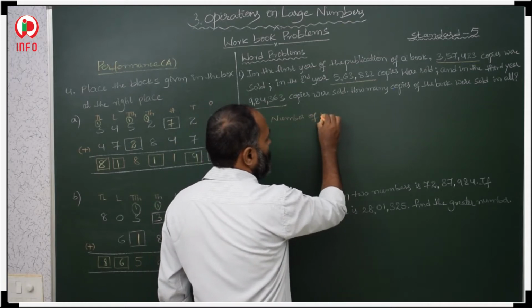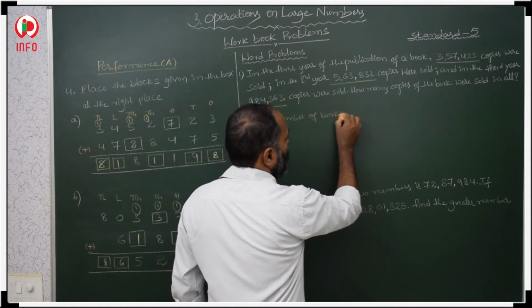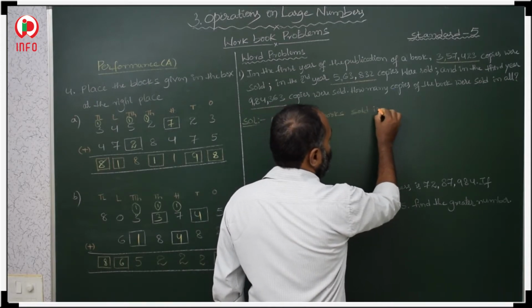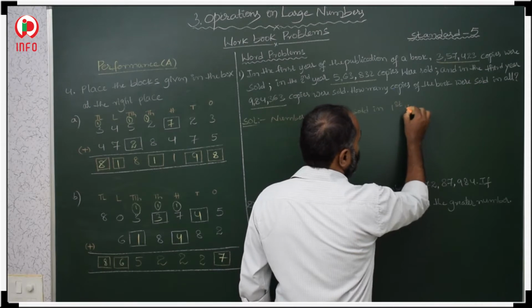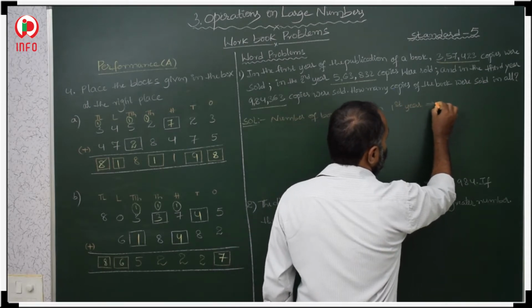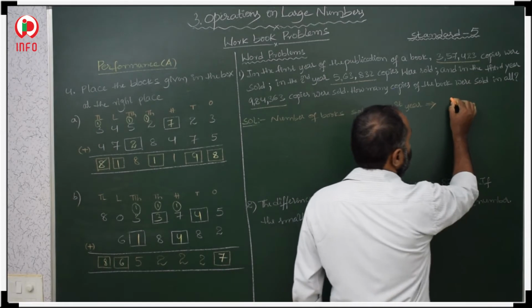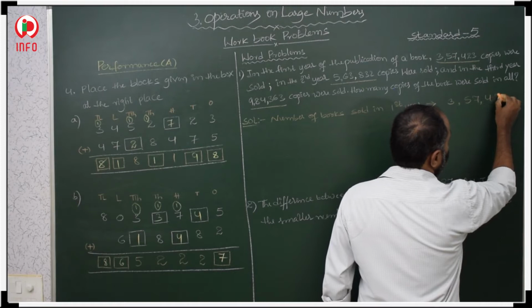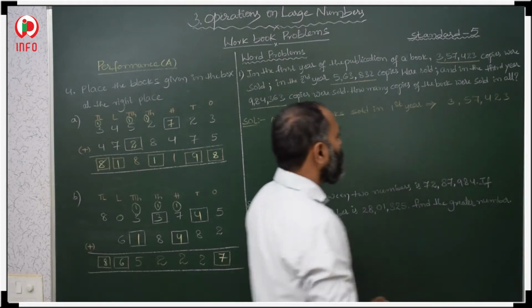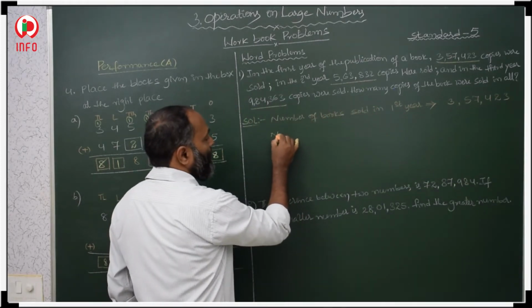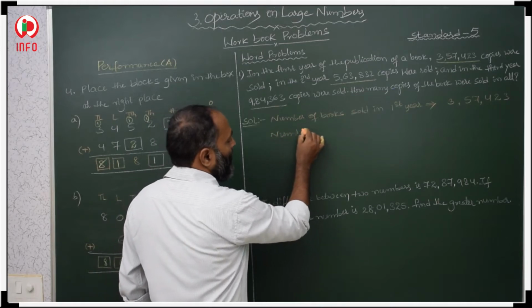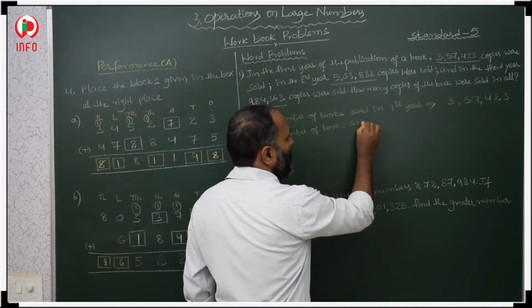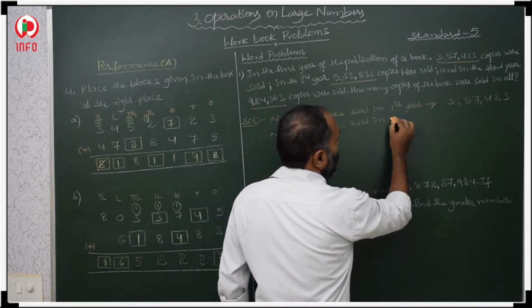How many books did they sell? 3,57,423. Number of books sold in the second year.